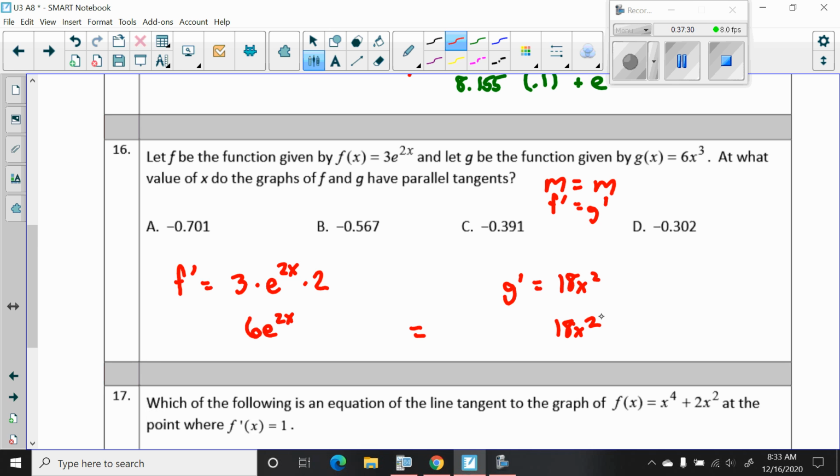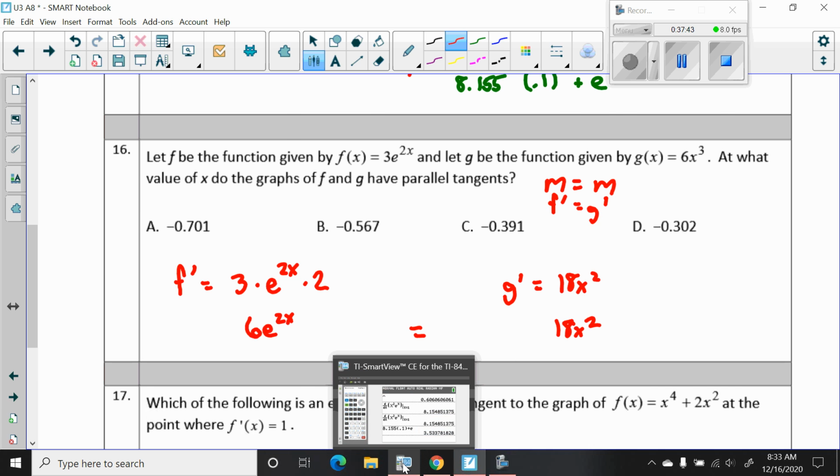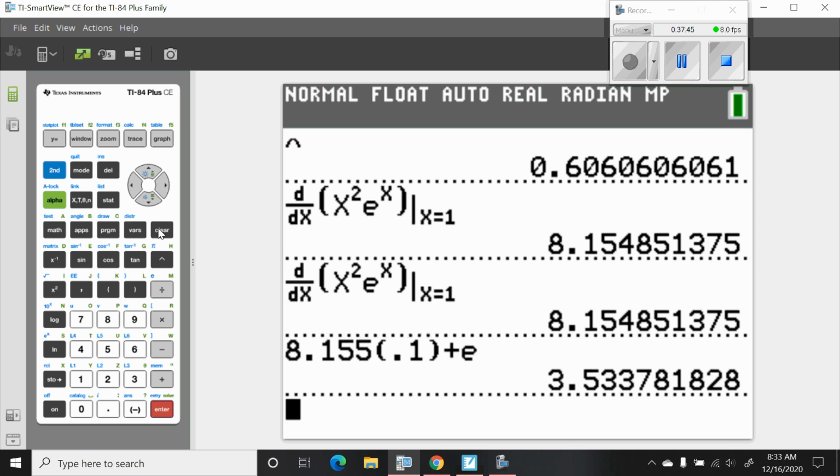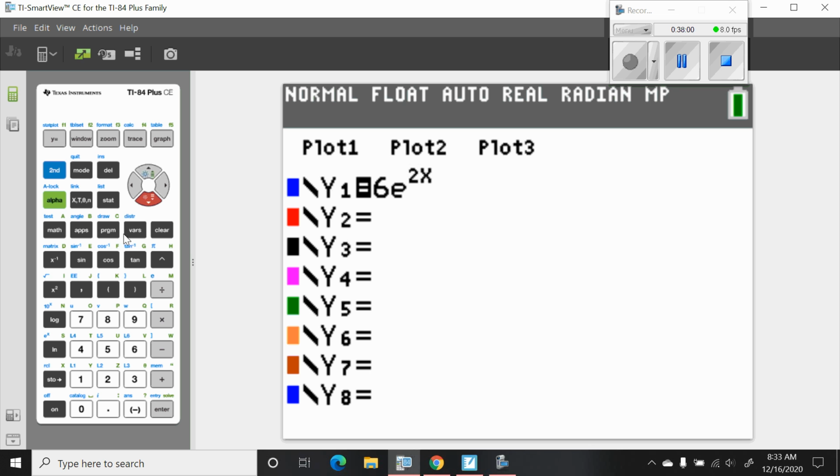All right. And look at these values. They're all between -1 and 0. So set your window appropriately on the calculator, because we're looking for the x value, right? Okay, so go to my calculator. 6e to the 2x, 18x squared. Y equals, clear that. So 6e to the 2x and 18x squared.